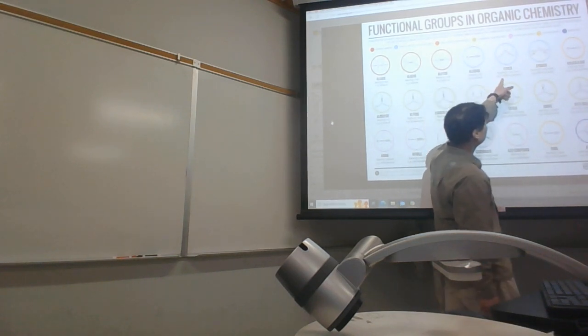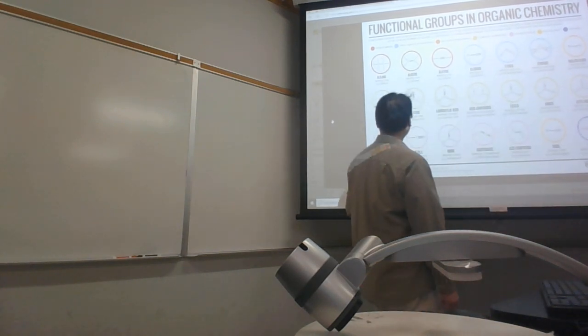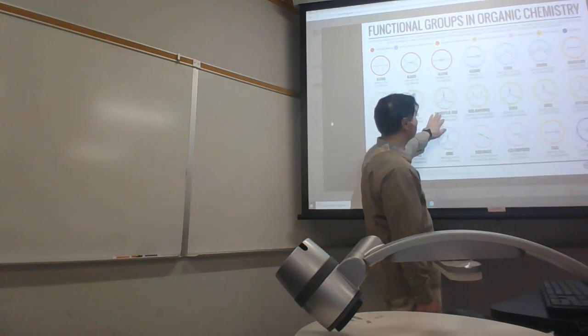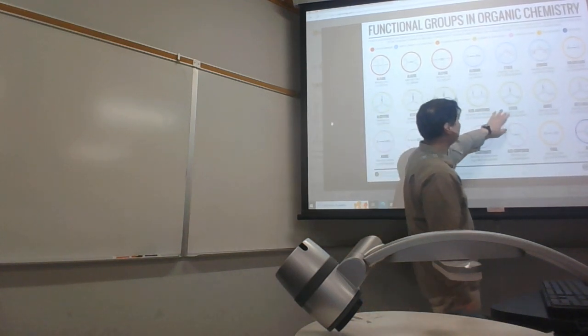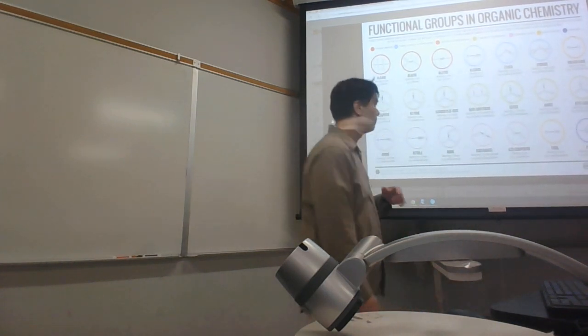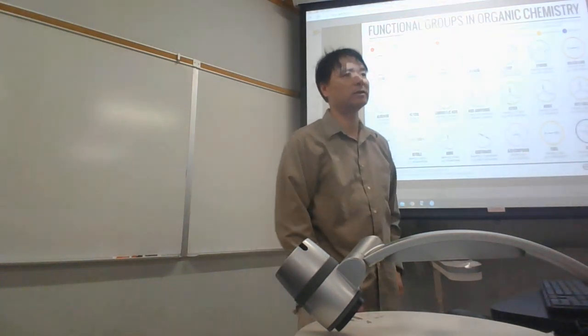It could be an ether. It could be an epoxide. It could be an aldehyde. It could be a ketone. It could be a carboxylic acid. It could be an acid anhydride. It could be an ester. And more, actually. This is not a comprehensive list here.